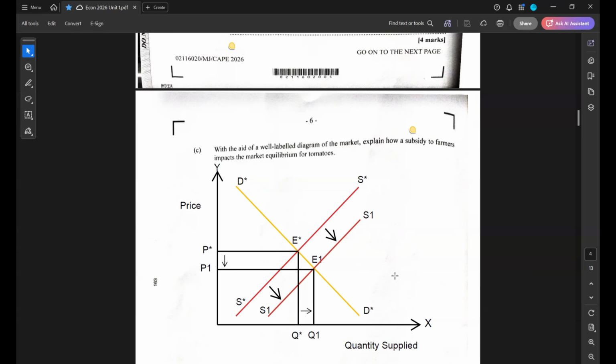As you can see, we have our demand curve in orange. We have two supply curves. One is shifting down to the right. We have a price, which is going to be shifting from P star to P1. And we have our quantity, which is going to be shifting from Q star to Q1. And this is our equilibrium here, E star, which has been changed to E1.